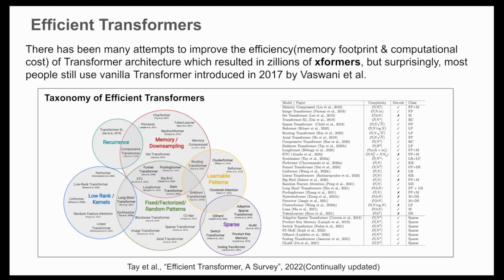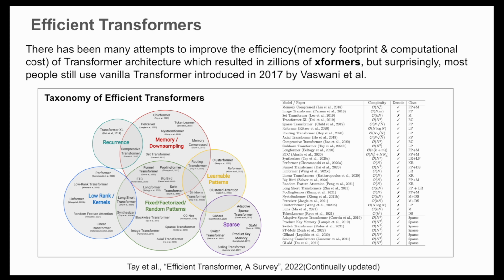There have been many attempts to improve the efficiency, memory footprint, or computational cost of transformers, which resulted in a zillion of X-formers. But surprisingly, most people still use the vanilla transformer introduced in 2017, the one that we've been learning. There are many taxonomies of efficient transformers.